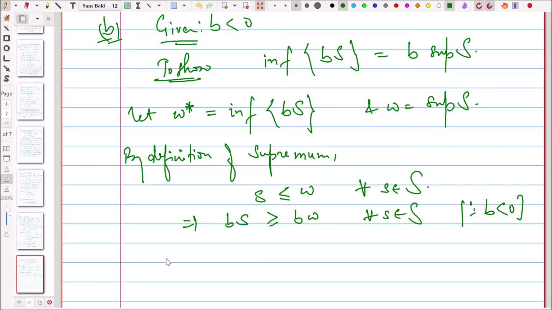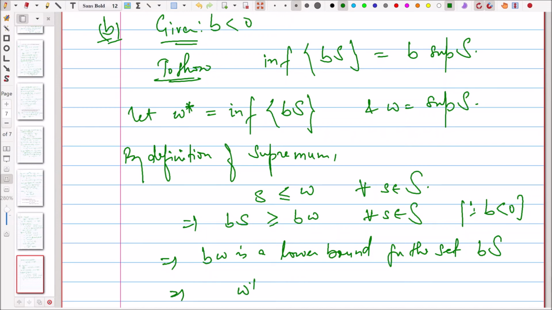And this implies BW is a lower bound for the set BS. So for this set BS, BW is a lower bound, and W star, being the greatest lower bound, has to be greater than or equal to BW. So this implies W star is greater than or equal to BW.